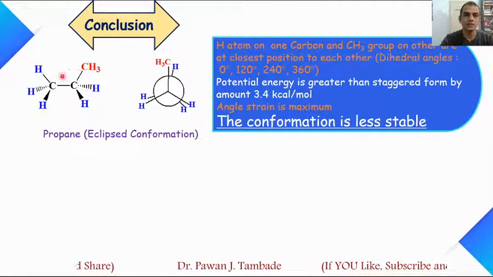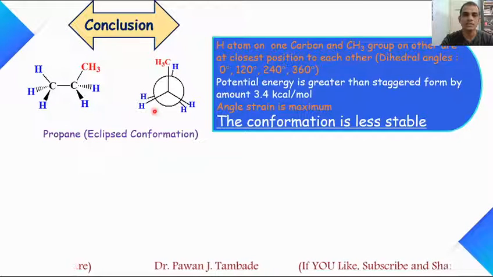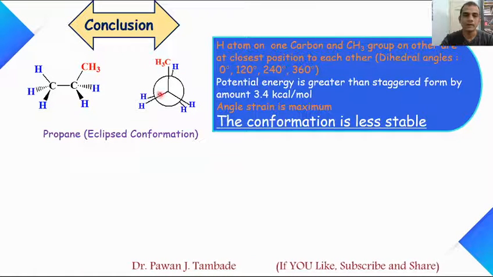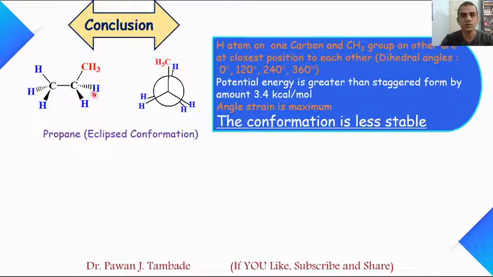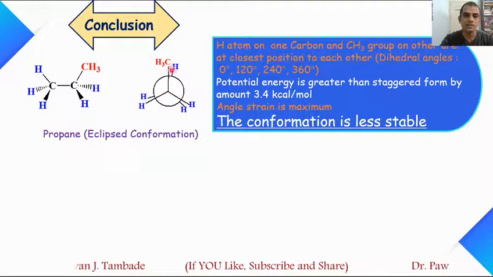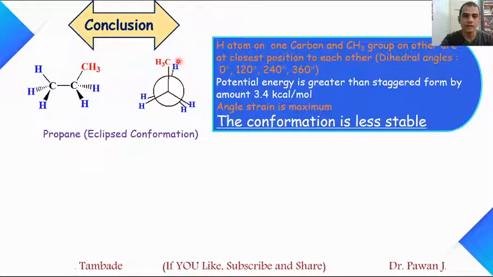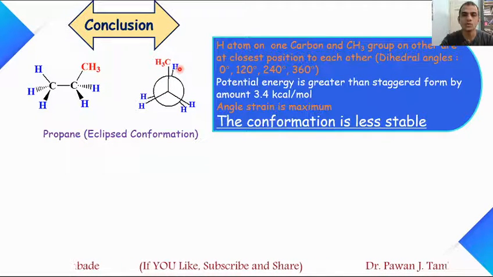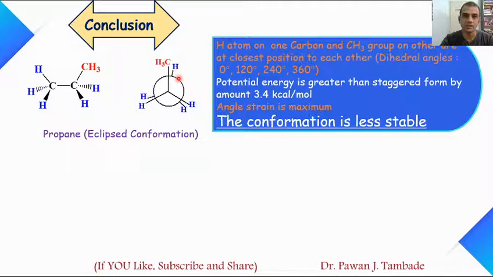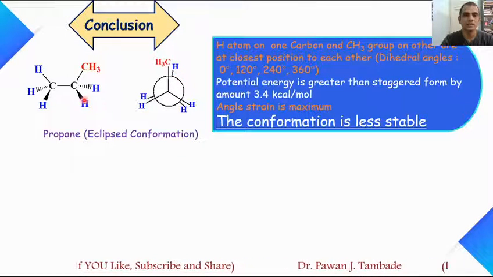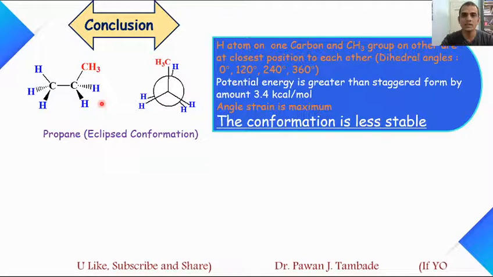The potential energy of this conformation is greater as compared to staggered conformation by an amount of 3.4 kilocalorie per mole. Because in this structure, these CH3 group and hydrogen atoms are close to each other, the angle strain in this conformation is maximum, and thus this conformation is less stable.